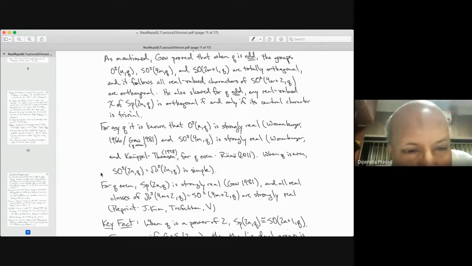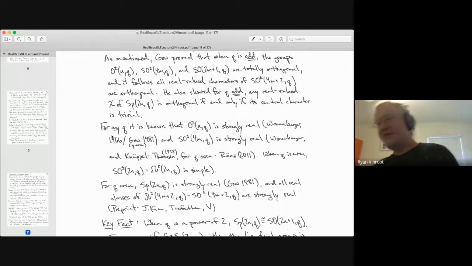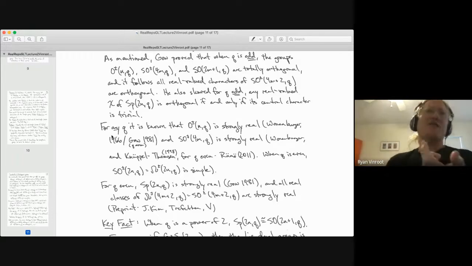So it's not defined by A J A transpose equal to J. Well, one defines it in terms of a quadratic form. So yeah, the confusion is that the quadratic forms correspond to symmetric forms when Q is odd, and this is not the case when Q is even.